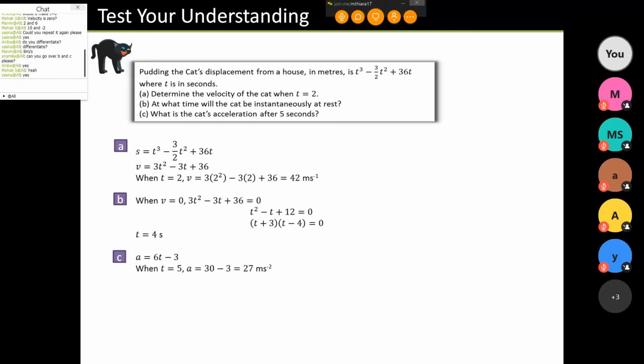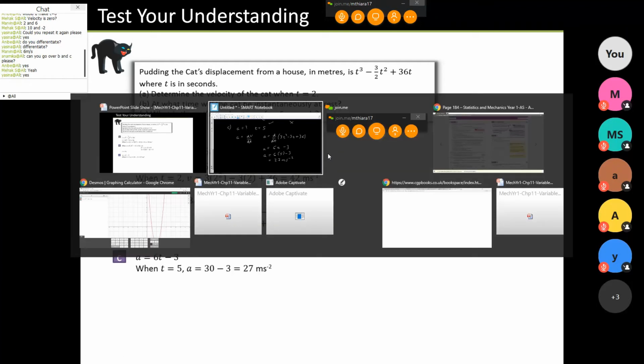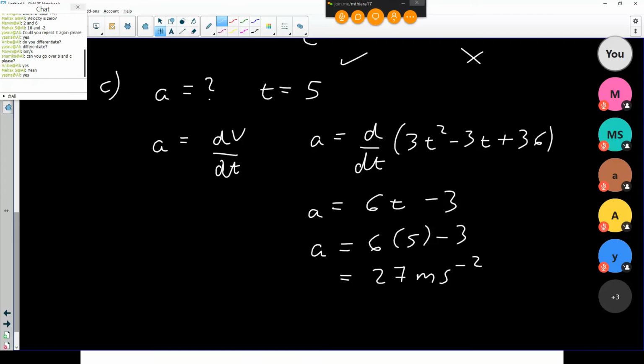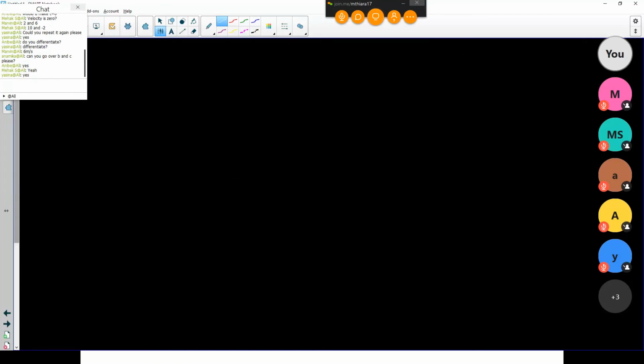So for B, it's saying at what time will the cat be instantaneously at rest? So I'll just do a new page. For B, the cat is at instantaneous rest.